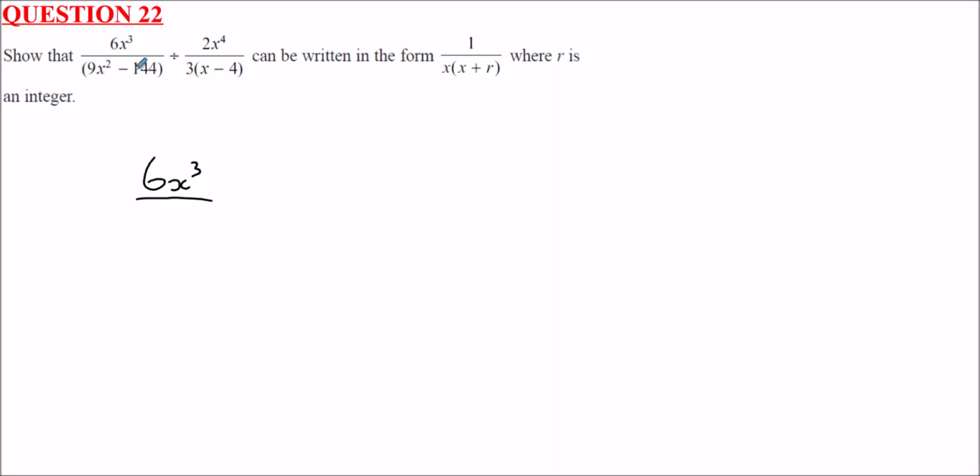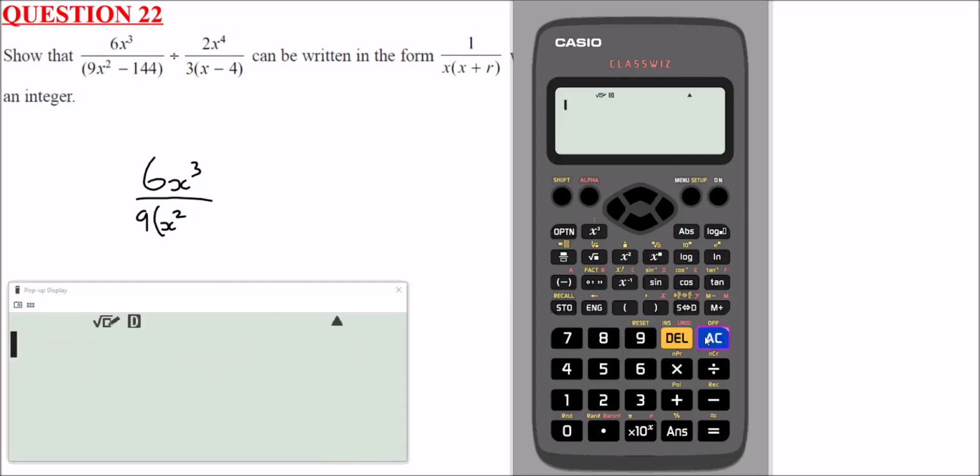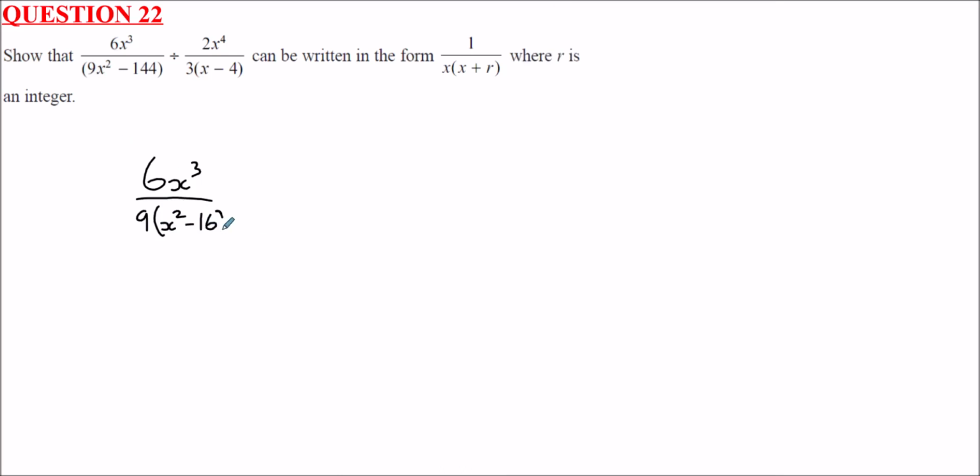That's the clue that 144 is divisible by 9. So first of all, I'm just going to factorise out the 9 here. 144 divided by 9 gives 16. So I've got x squared minus 16. So as a first step, just change that into this.